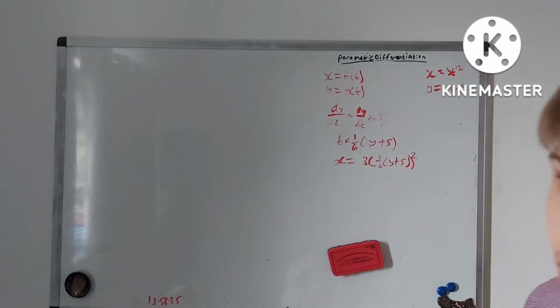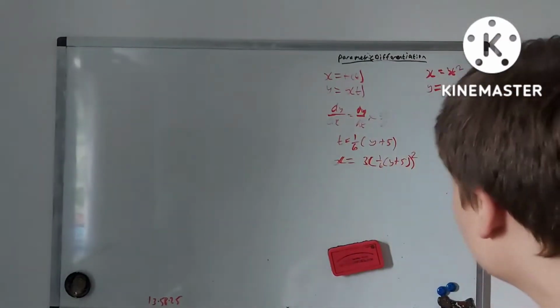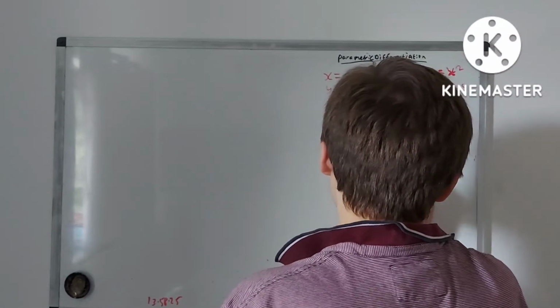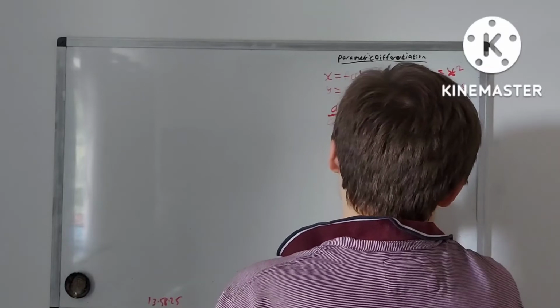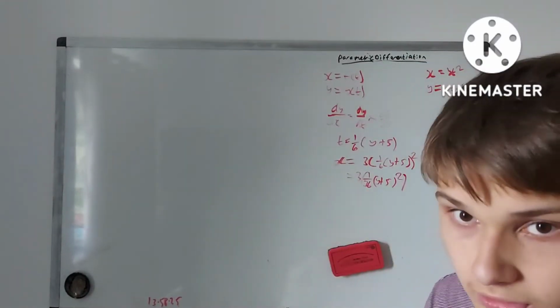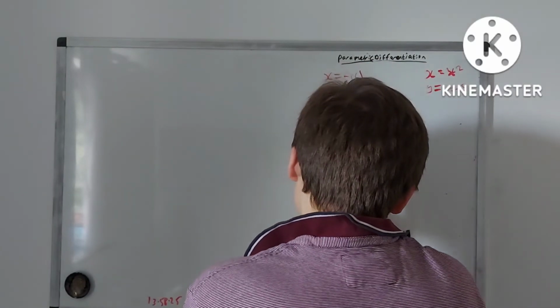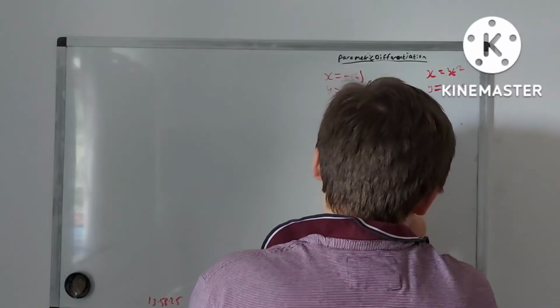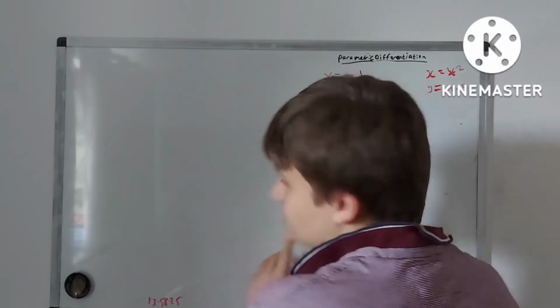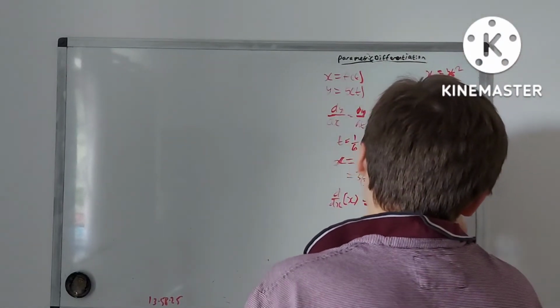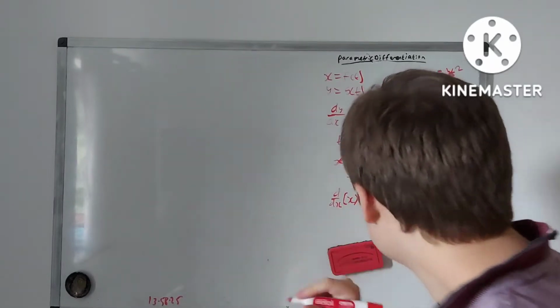It's not terrible, but I can do it. So that's 3 lots of 1 over 36 times y plus 5 squared, which is 3 over 36, which is 1 over 12, and y plus 5 squared.